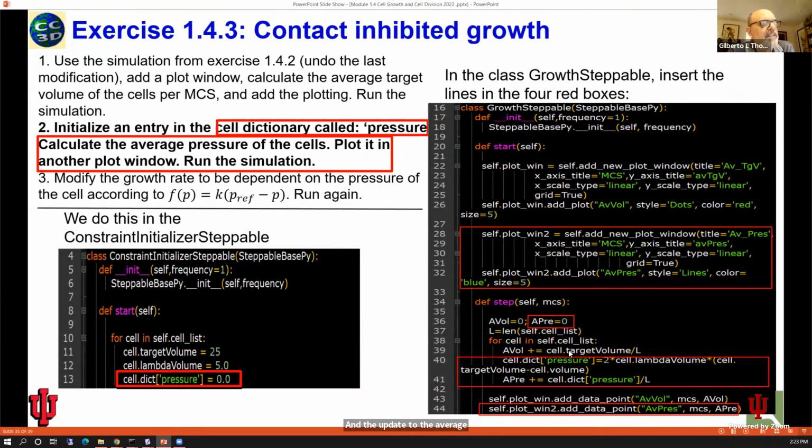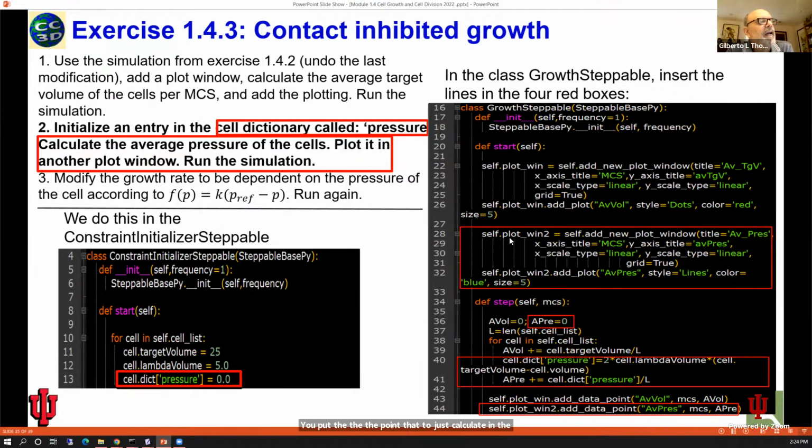This is the same procedure that we have made for the average volume, with the difference that now you have this dictionary here. And finally, you add a line where you put the point that you just calculated in the window that you created before.